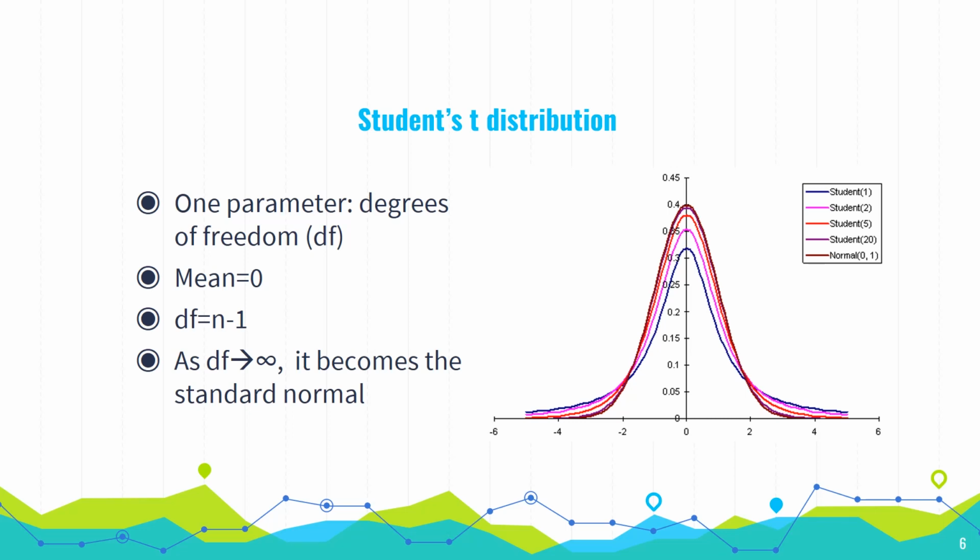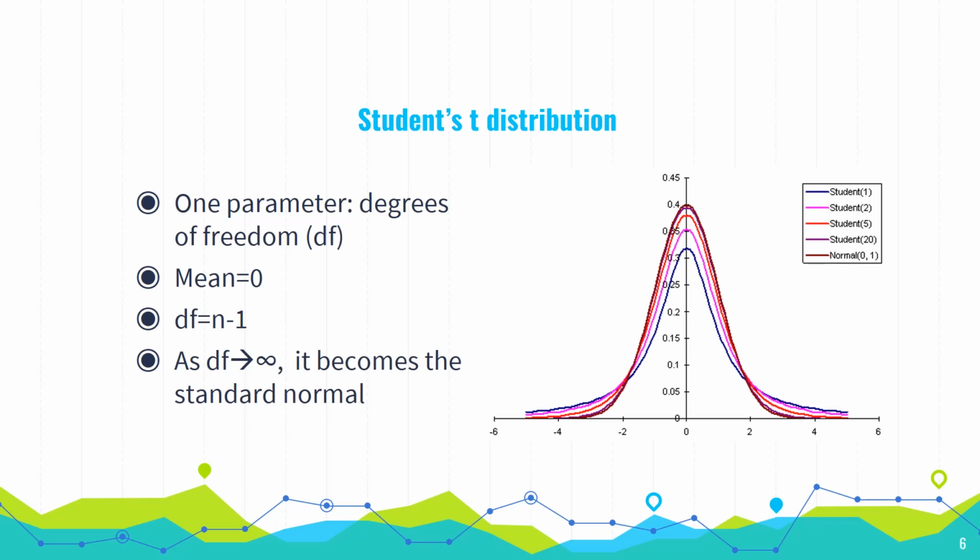The degrees of freedom, in our case, for the purpose of confidence intervals for the population mean, is just 1 less than the sample size, n minus 1. And what I'm showing you in this picture is as the degrees of freedom gets bigger and bigger, the t-distribution curve more and more approaches the standard normal distribution.